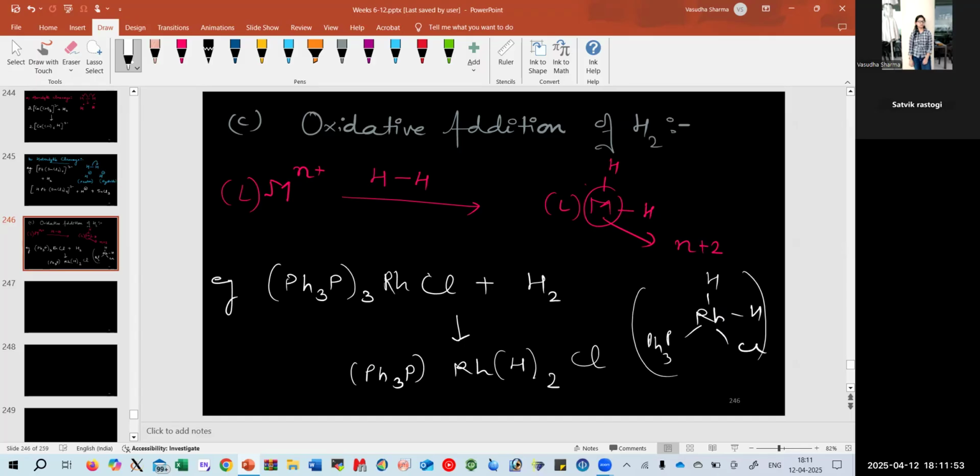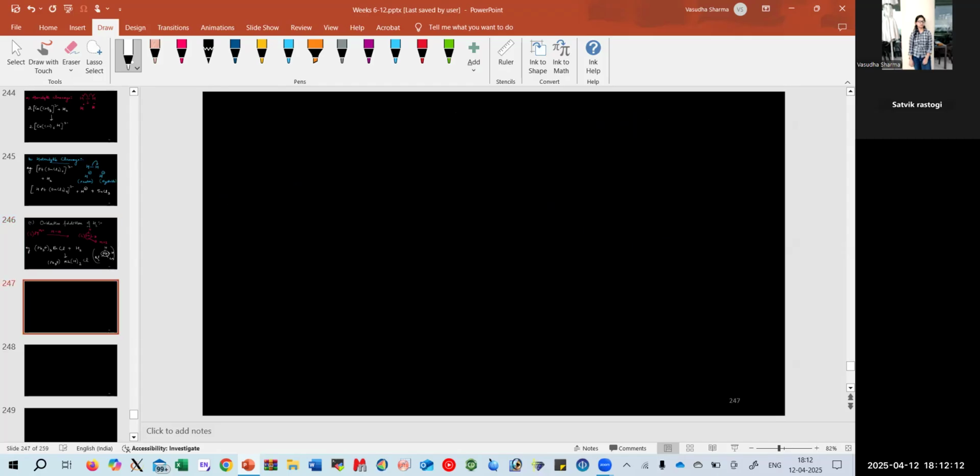So this kind of structure, where both the hydrogens are on the same metal, is the result of oxidative addition. So these are the three different methods by which we can activate the hydrogen required for hydrogenation of the alkene.